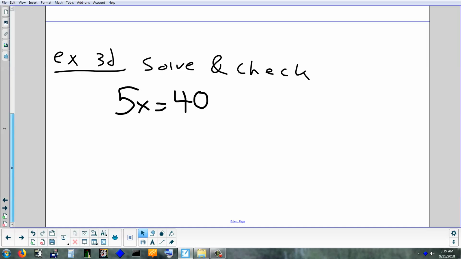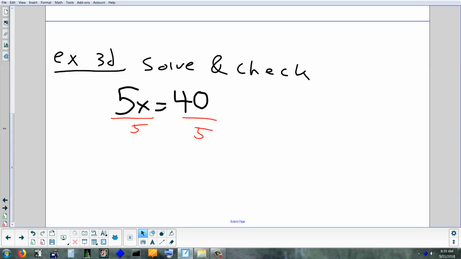All right, so 5x equals 40. Anyone think they can guide me through what to do here? Yeah, Miguel? Divide by 5. Yeah, we're going to divide both sides by 5. Now let's do it out.